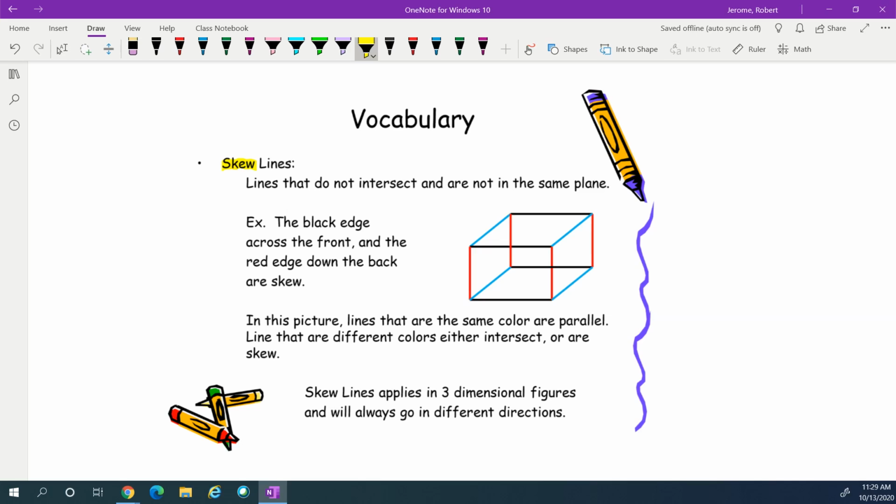So if we look at this box, all the lines that are in the same color are parallel. So all four black lines are parallel. All four red lines are parallel. All four blue lines are parallel. They're going in the same direction. Whether it's the front of the box or the back of the box doesn't matter. If they're in the same direction, they're parallel.